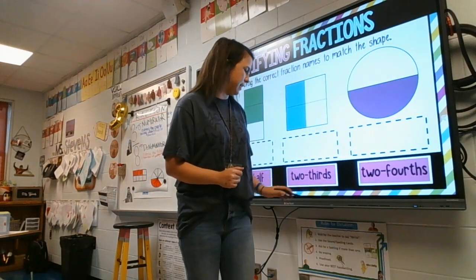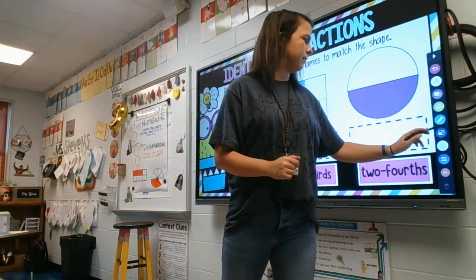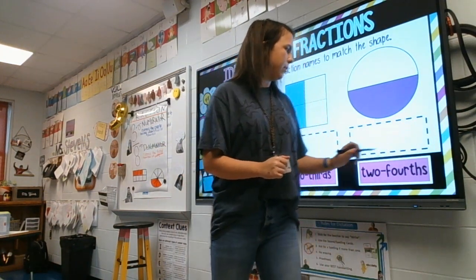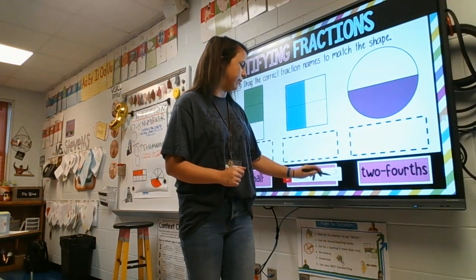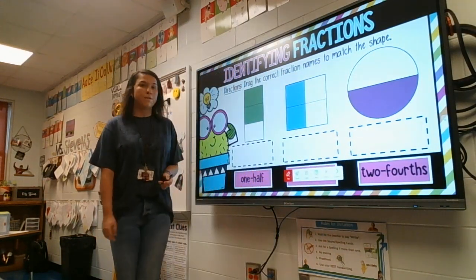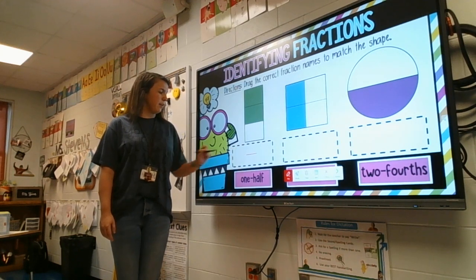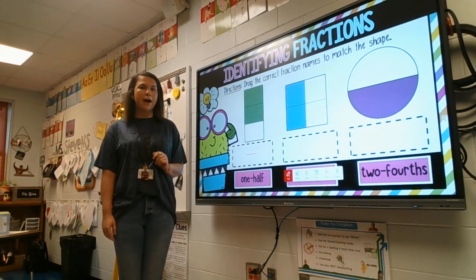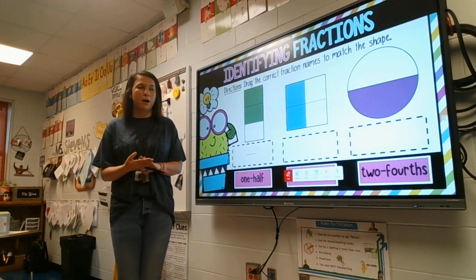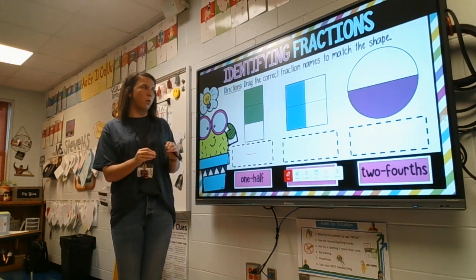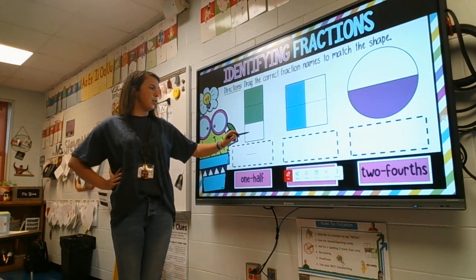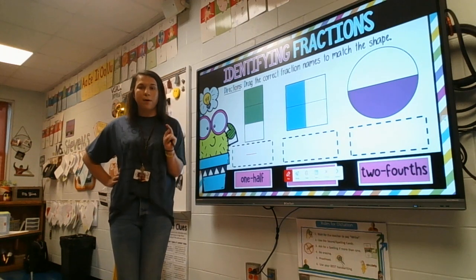Okay, let's look at this one. You're doing awesome following along with me. Thank you. All right, first I need to draw my fraction bar. There we go. Now I need to count my total number of parts, my denominator, my total. 1, 2, 3. There are 3 total parts of this shape.